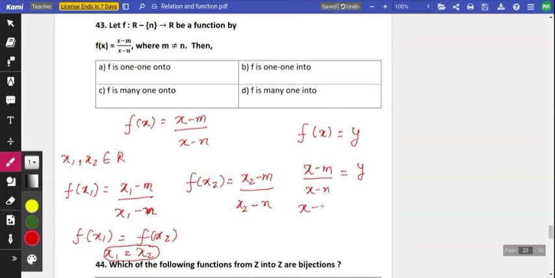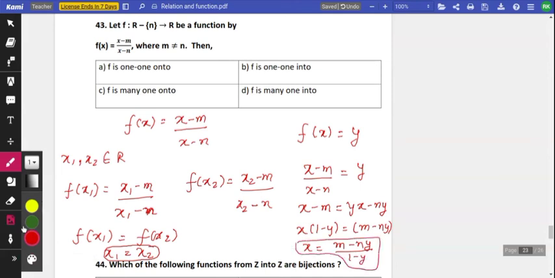Now cross multiplying, we get yx minus ny, and here we get x(1 minus y) is equal to m minus ny. x is equal to (m minus ny) upon (1 minus y).